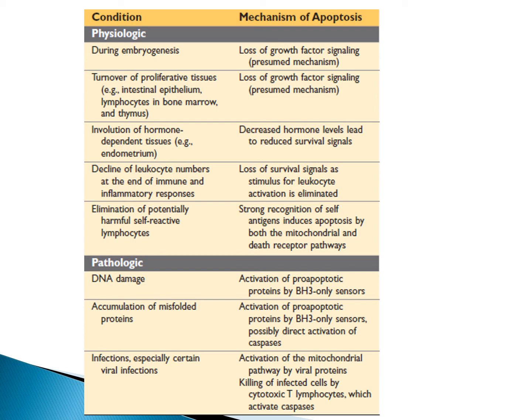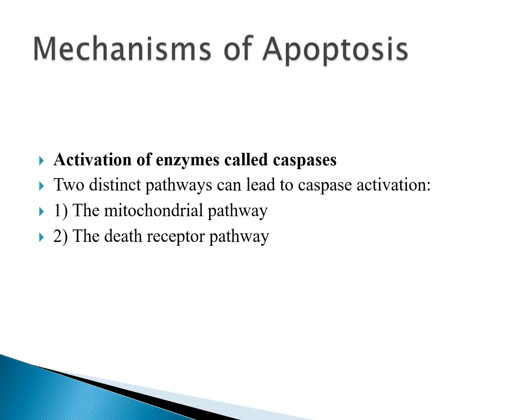Pathologic apoptosis involves the death of cells with damaged DNA, death of cells that accumulate amounts of misfolded proteins, and the death of virally infected cells. Now, mechanisms of apoptosis: the different mechanisms share activation of enzymes called caspases.